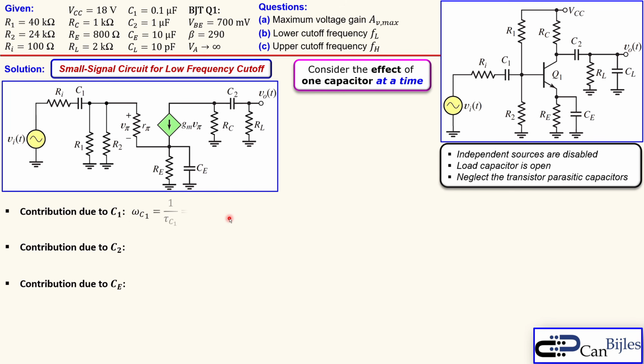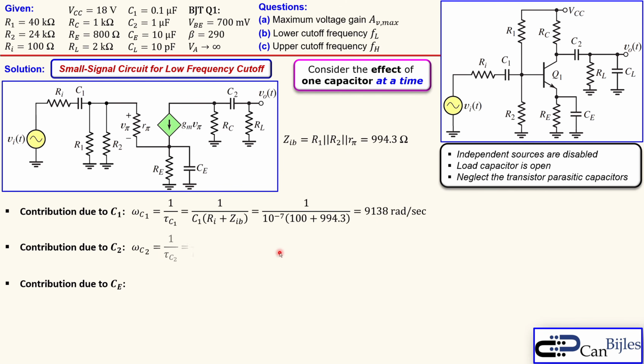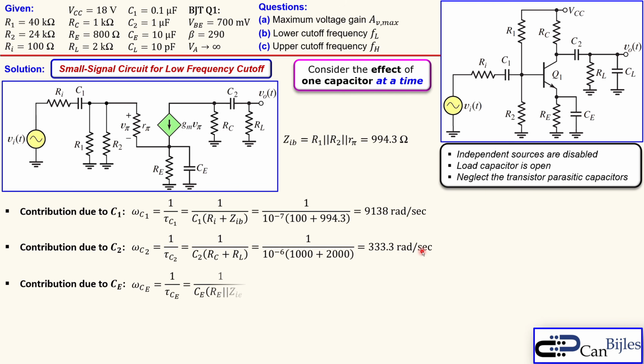That's the formula, and we had 9,138 radians per second because of the ZIB, omega C2 because of C2 was 333.3 radians per second, and omega CE because of the capacitor CE was 25,119 radians per second. So you see this is the largest one, but it is not dominating, by the way, because it is just maybe 2.5 times this one.